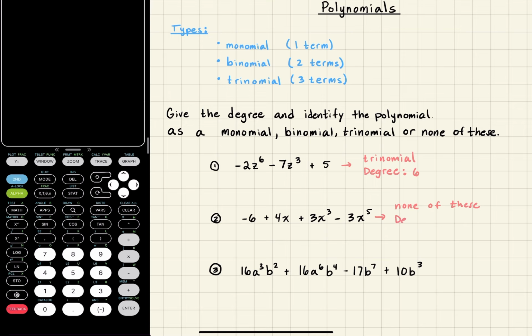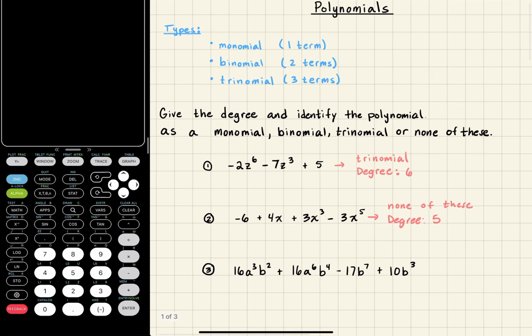And let's determine its degree. We have one single variable type, in this case it's x, so we look for the highest exponent. The highest exponent is 5, so this is a degree 5 polynomial. And finally, we'll take a look at this last one here.